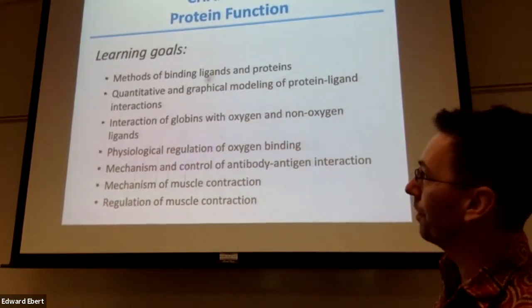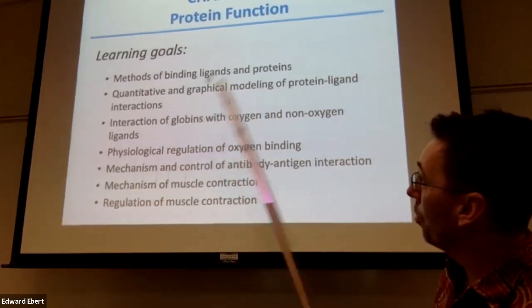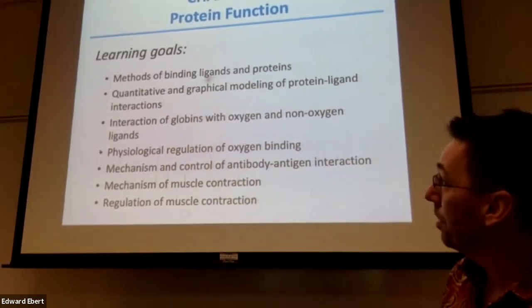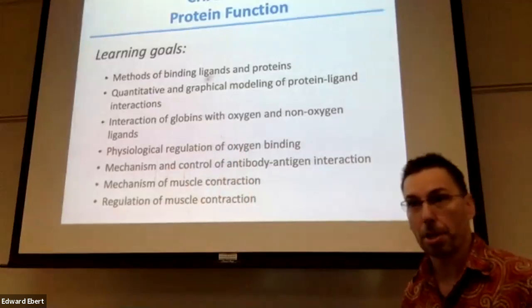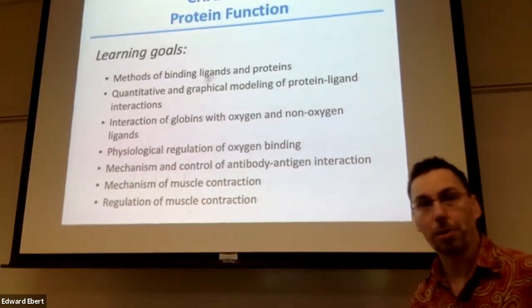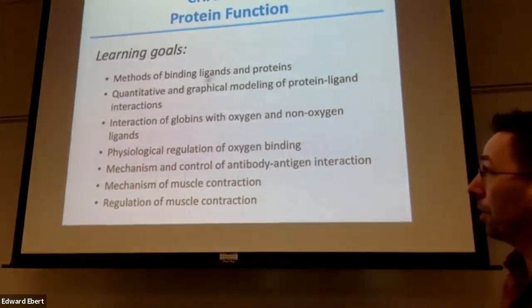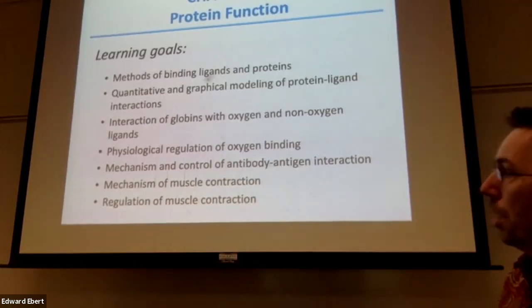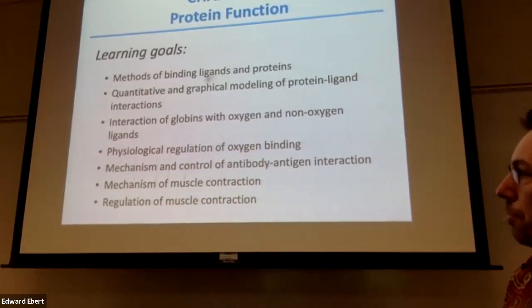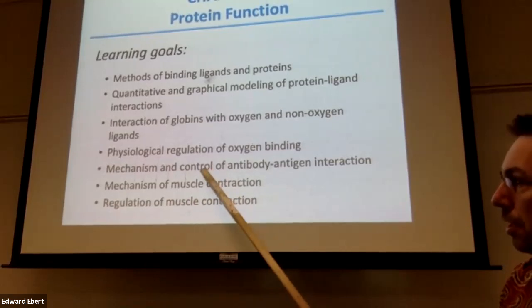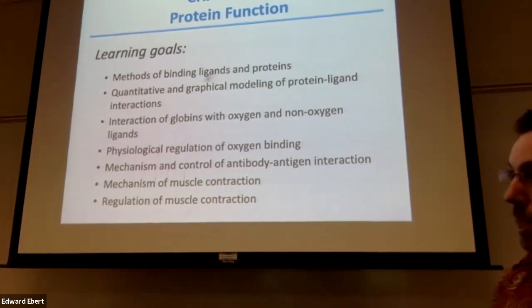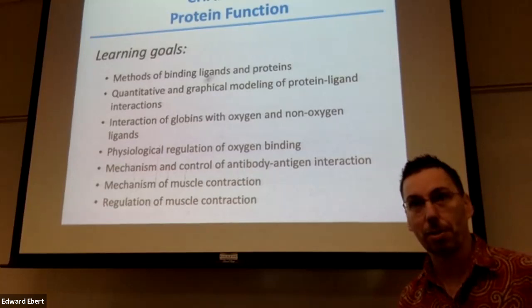Just we're going to do stuff to the substrates. We'll look at some modeling of these interactions. And then we're going to use hemoglobin and myoglobin as canonical examples to look at oxygen binding as well. And we'll talk about regulation of oxygen binding. And then in the last part, we're going to talk a little bit about antibodies and antigens, how they interact.